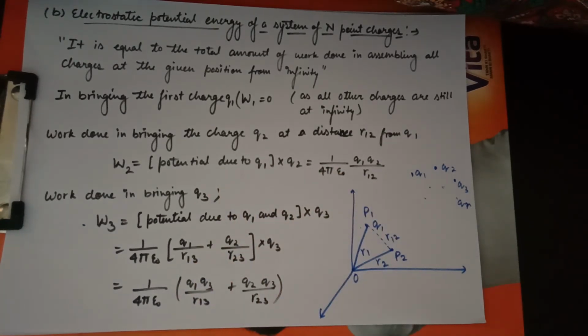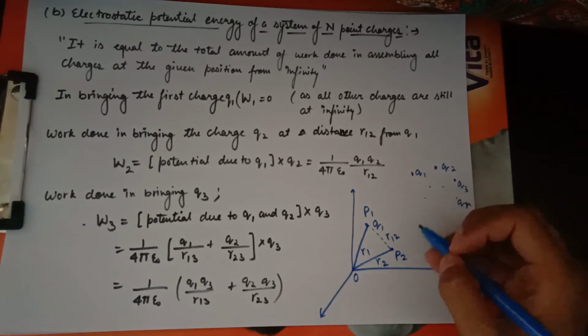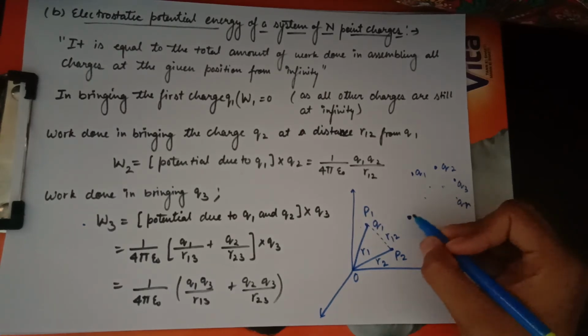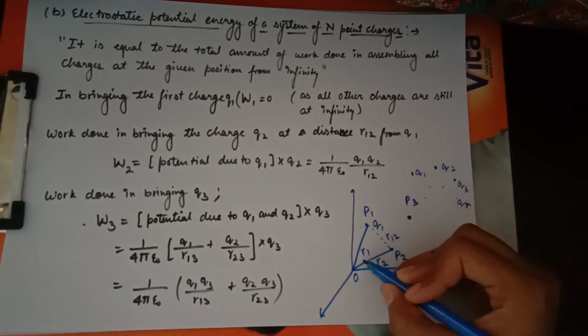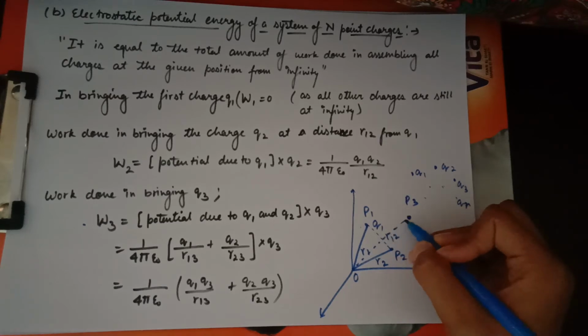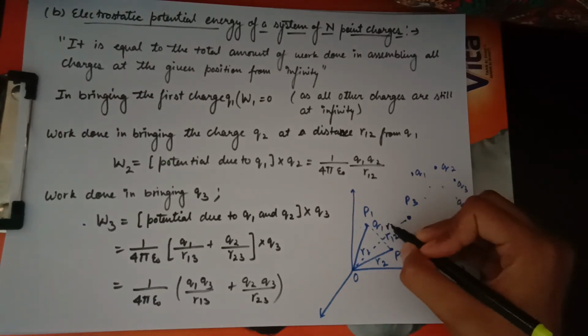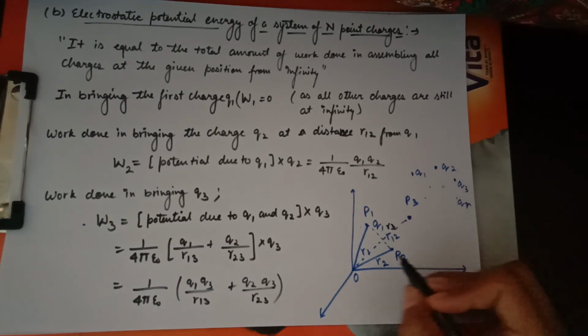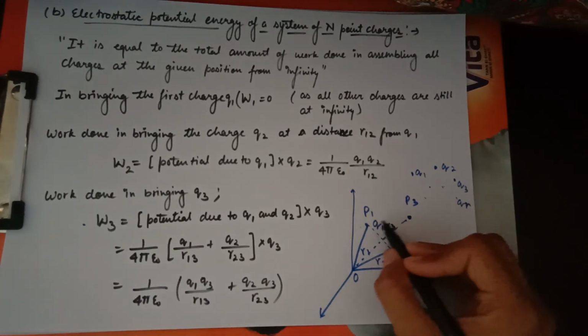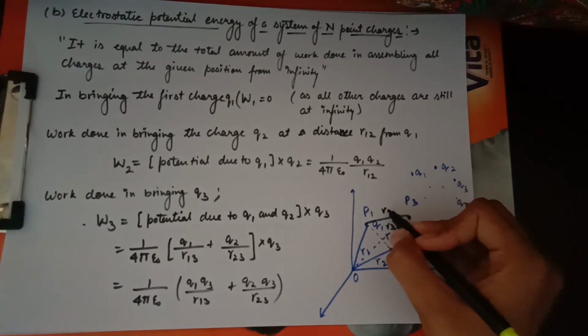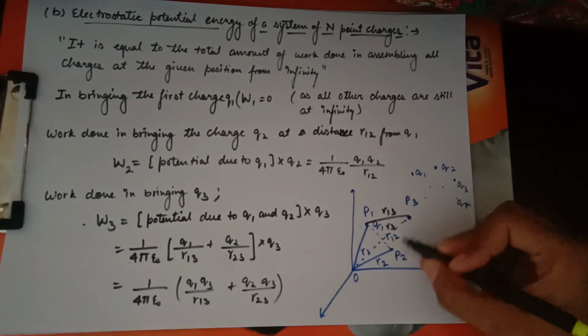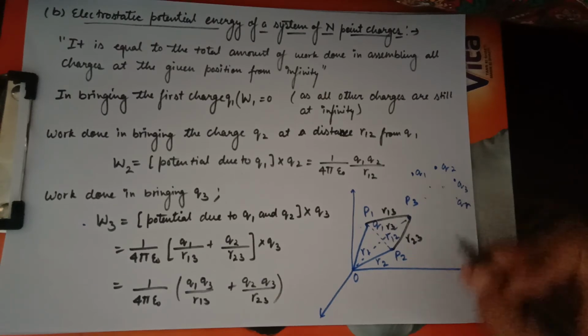Next, when I am carrying the charge q3 from infinity to, suppose, this point p3. This point p3 is at a distance of r3 from the origin, and the distances between these points are r13 and r23.